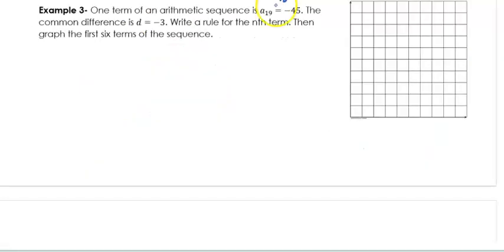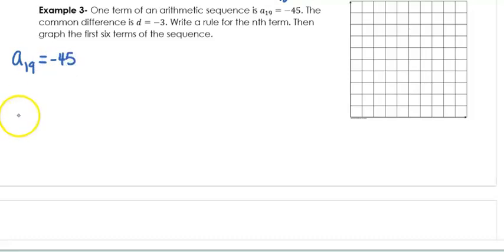Okay, on example 3, it gives you a19 equals -45. That means the 19th term is -45. So we can plug in what we know. We know -45 is the 19th term. We don't know the first term. When we're finding -45, the n is 19 because it's the 19th term.